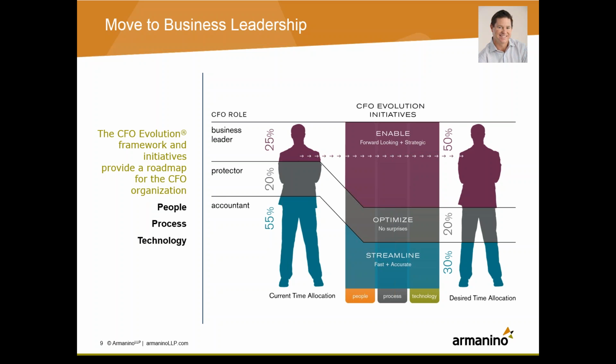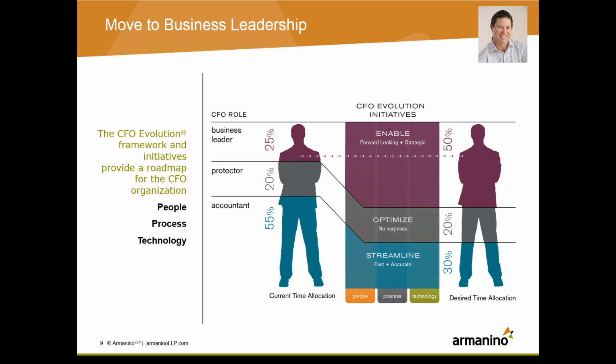Currently, 55% of CFOs' time and organization dollars is spent in the accountant role, and they would like to spend only 30% in that role. Currently, CFOs spend about 25% of their time and organization in the business leadership role, and they'd like to transition that to 50% of their time in the business leadership role.